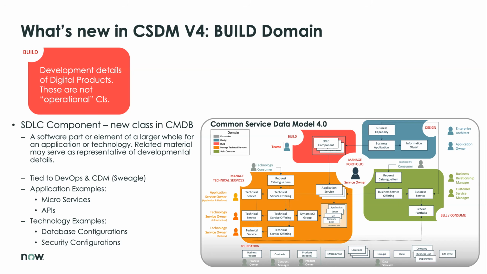We notice that there's an issue going on. Now, as we look at that application service, because we now have visibility into this build domain and this SDLC component and the activities of DevOps, we can see that this application service had a recent release. We can see the configuration of this application service now, and the configuration of this application service 2 hours ago.